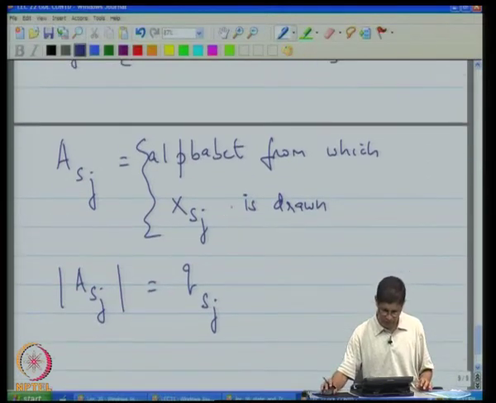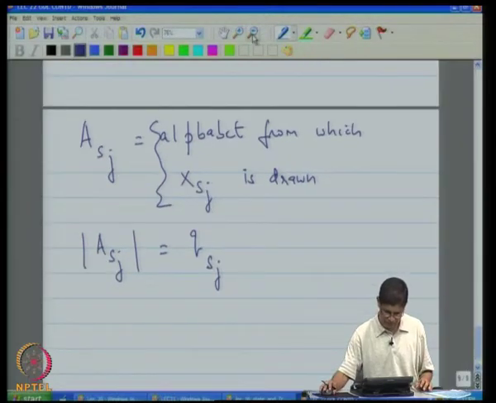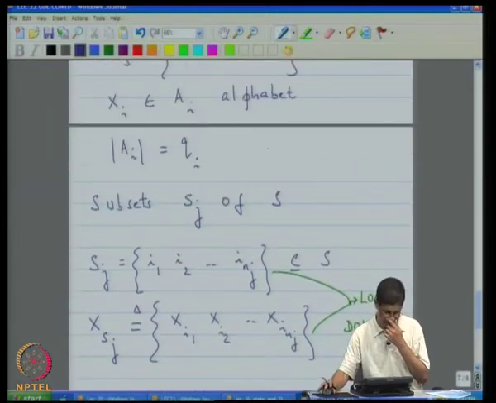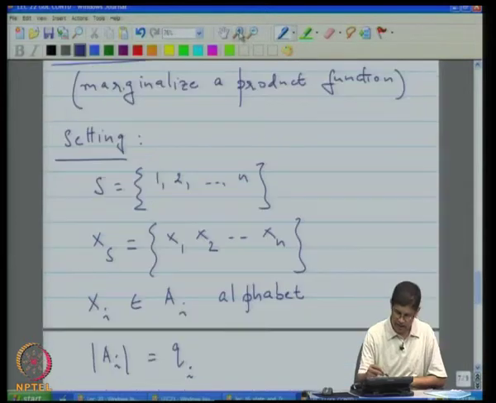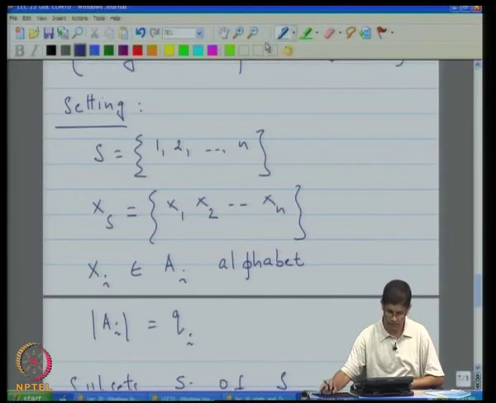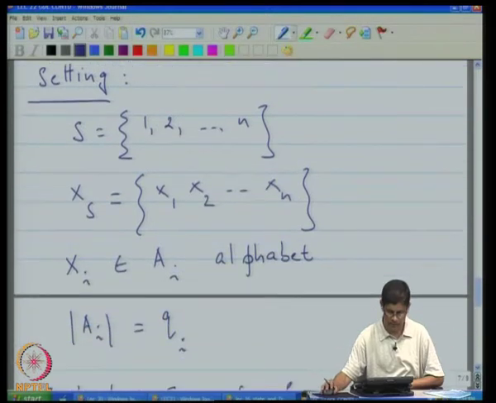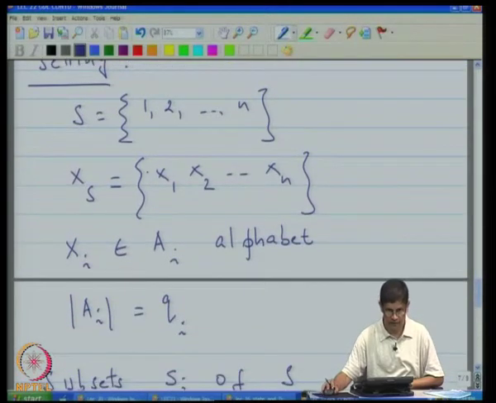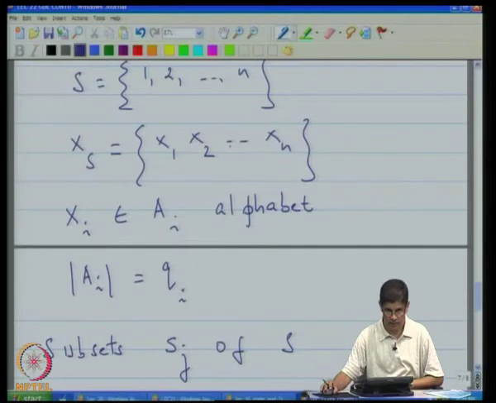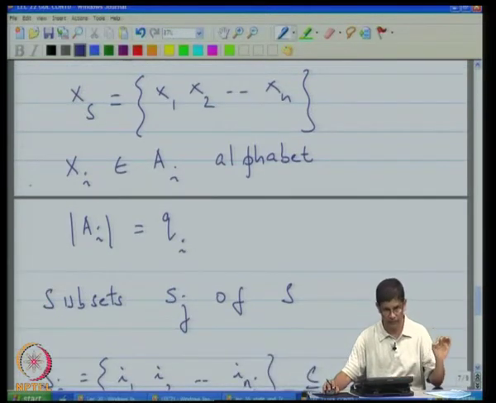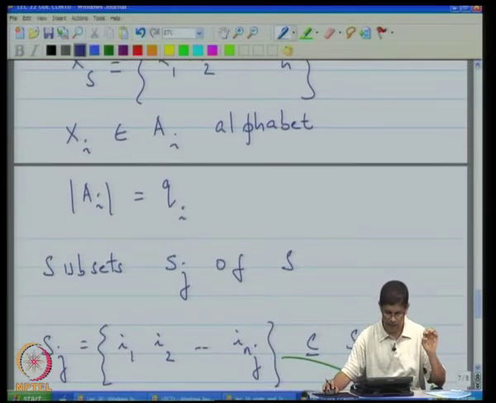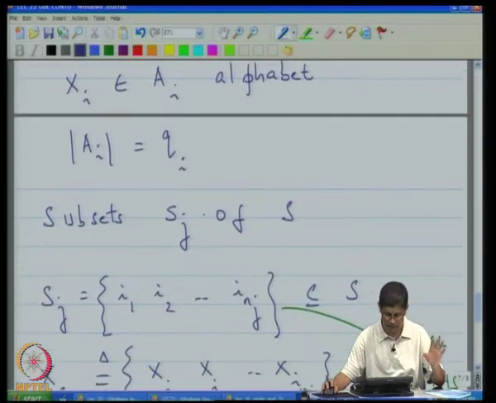Now, let us just recap that. What we have is a universal set, and you can think of this as a set of subscripts, a universal set of subscripts. You have a set of variables, in some sense the universe of all variables, and there are n, little n variables in all. Each variable takes on values from its own alphabet. The size of the alphabet is q_i for the ith variable.